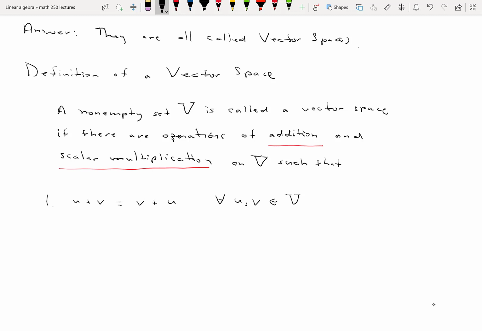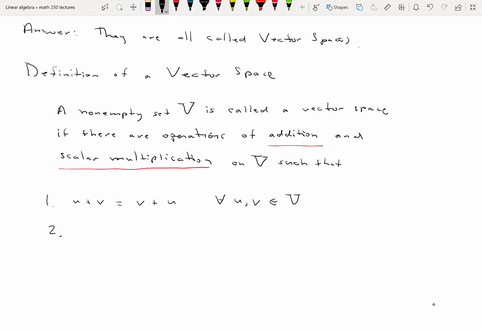Yes, real numbers behave this way, but u and v need not be real numbers, and the plus sign doesn't mean addition of real numbers. The u and the v could be bananas and oranges, and God knows what we could define for the addition. Okay, so we have to put our knowledge of the properties of real numbers aside when we look at this general definition of a vector space.